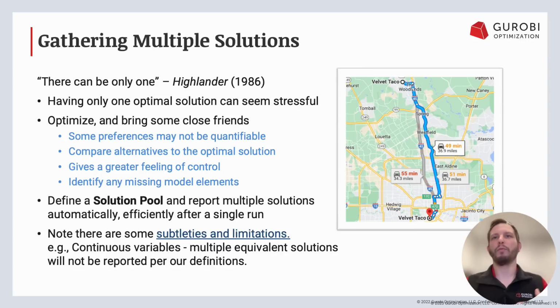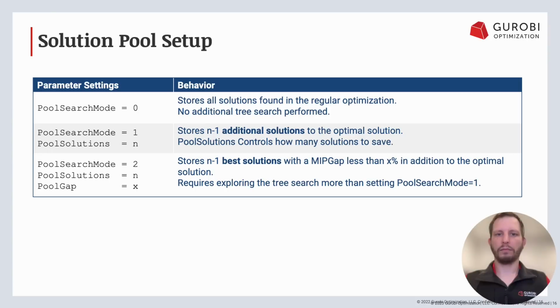So what's our menu for doing that? What can we adjust when defining our solution pool in order to get different behaviors to fit the need that we have for getting these extra solutions? If you set your pool search mode to 0, no additional searching happens.